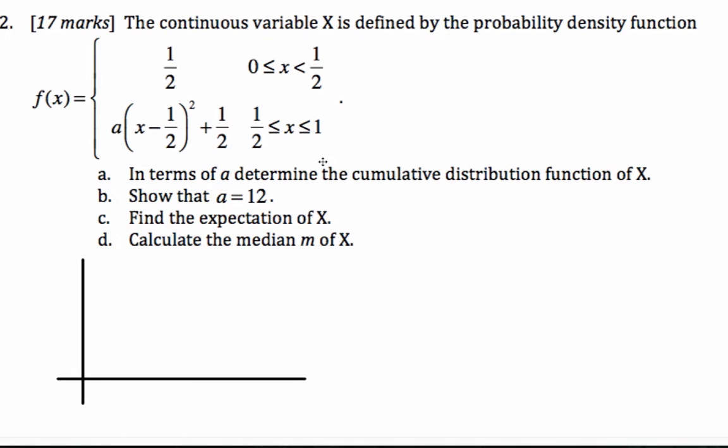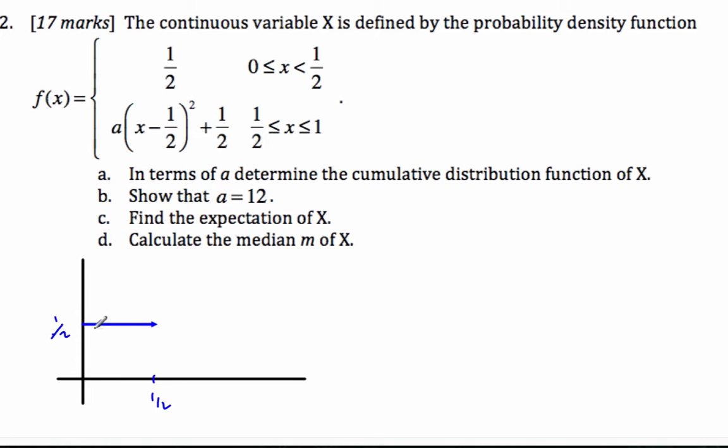If I consider this function here, I know that at 1/2 it goes like this. It's a function like that. And this value here is 1/2, and this is 1/2 as well.